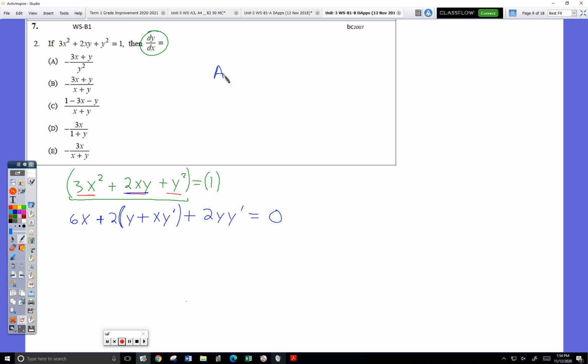So I'm going to have, I'd just say A, just to make it easier to see, plus 2, parenthesis, y is fine, just trying to write it in a little simpler way. And then I've got x, y prime. I'm not sure this will help, but we'll see. Plus, well, I don't really need 2y, I just call that y prime. I don't know if this will help or not, I really don't know, but we'll see. Does that help you know what to do next?